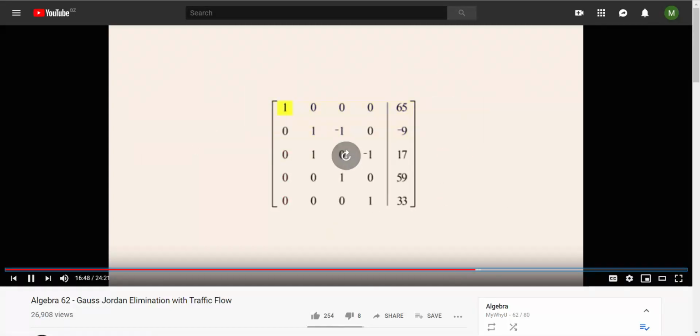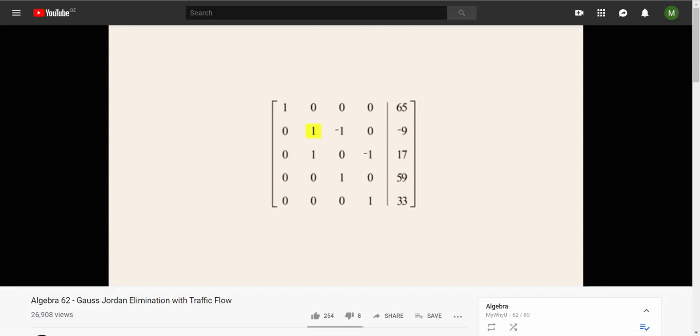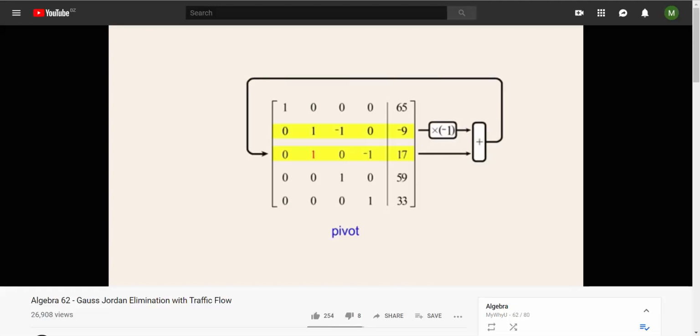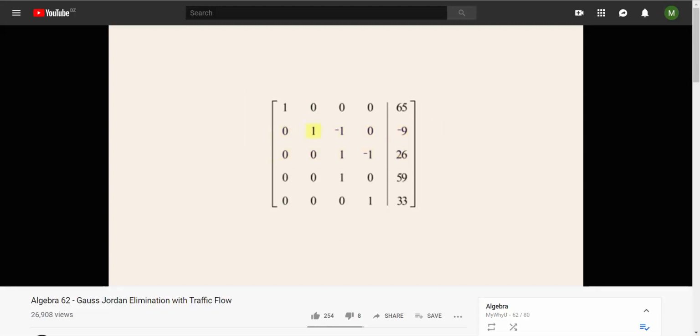Only one row entry is a 1. Since that entry is a 1, we once again make sure that the entries below are zeros. Only one of these entries is not 0, so we use a pivot to add -1 times row 2 to row 3. All the entries below the second row's leading entry are now 0.